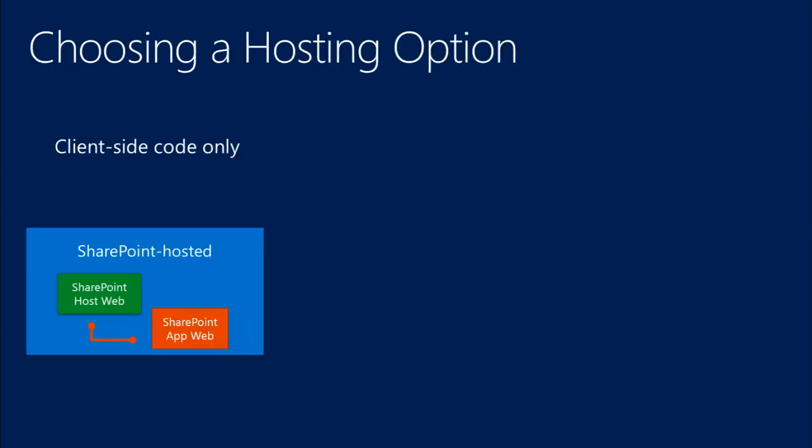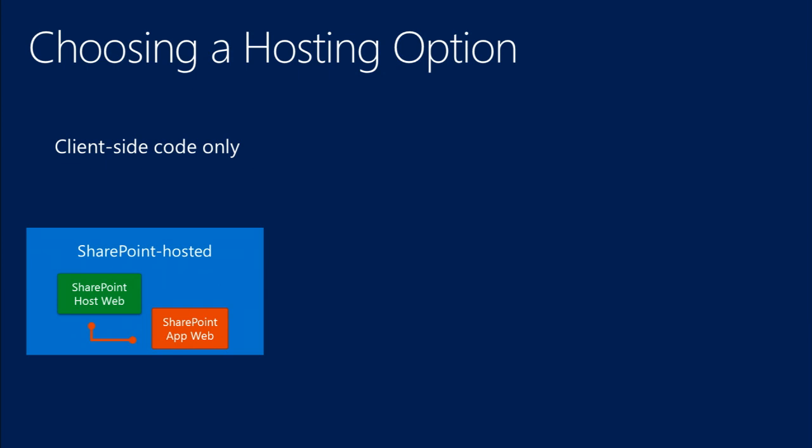I talked about, in the last slide, how it's a web page or a website that you're working with. The next thing you need to think about when you're developing an app for SharePoint is really, where are you going to host that website? SharePoint provides one model that we call SharePoint hosted.